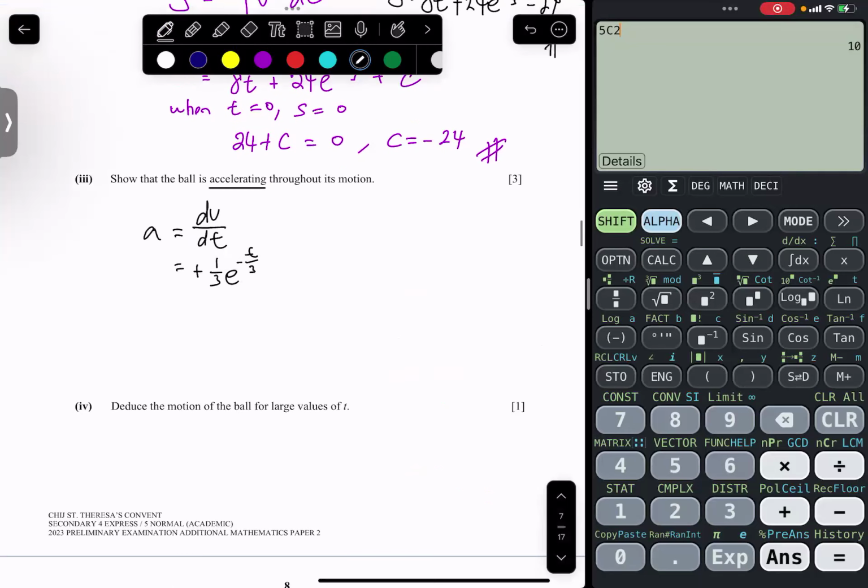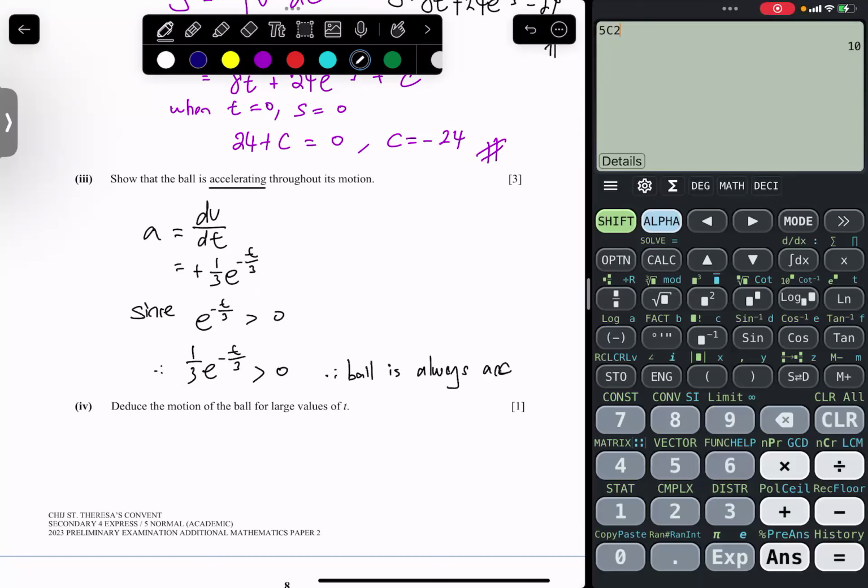Since e to the power of negative t over 3 will forever be greater than 0, therefore 1/3 e negative t over 3 will always be greater than 0. Therefore, the ball is always accelerating.